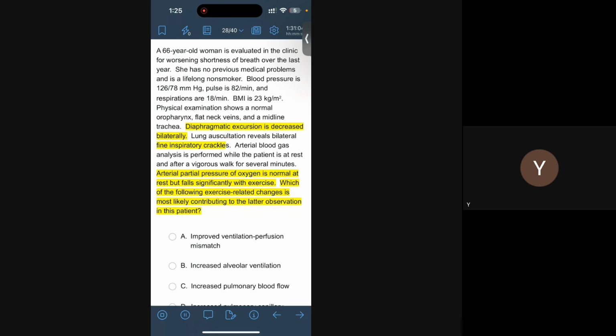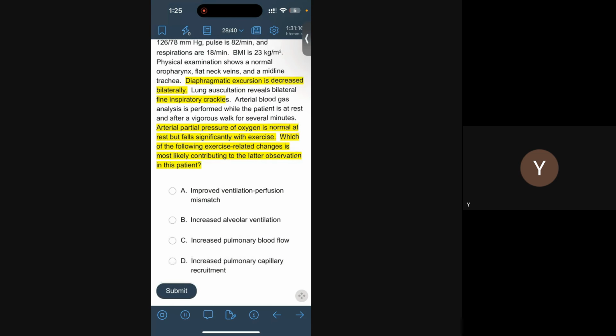Okay, now he's asking why oxygen falls significantly during exercise, and it is normal during rest. I have told you a concept regarding oxygen diffusion. Oxygen diffusion requires time, and carbon dioxide diffusion requires comparatively less time.